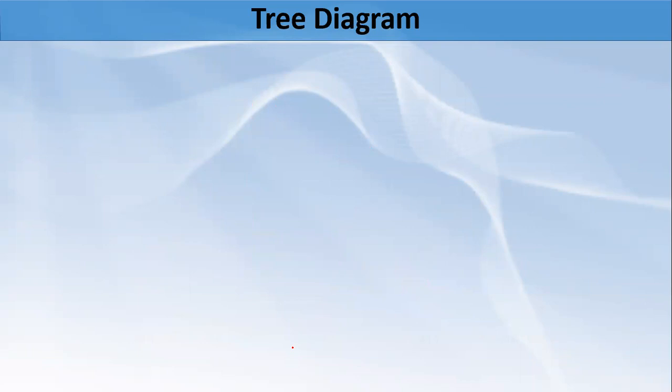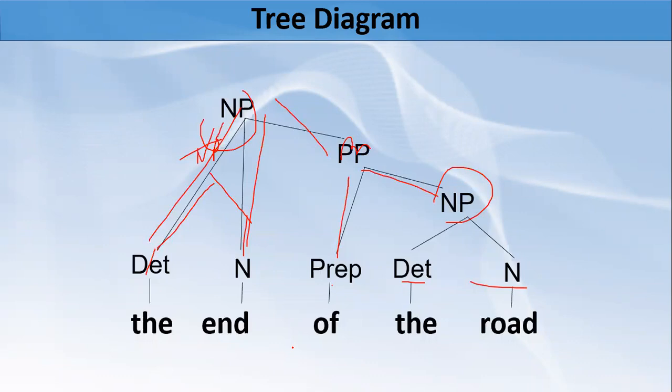Moving ahead. The determiner and article are the same. Determiner is the syntactic term for article. An article can be definite or indefinite. So if we have "a", "the", or "an", for example "the end of a road", this "a" is also a determiner.